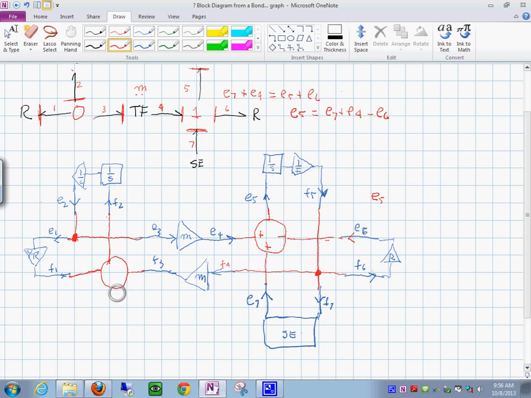See, the way this is, all these guys are coming in like this, and this one is going out. So we need to make sure that whatever we do over here with the summation has the correct signs to produce F2 as an output.